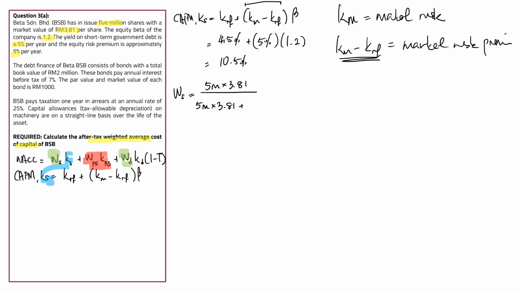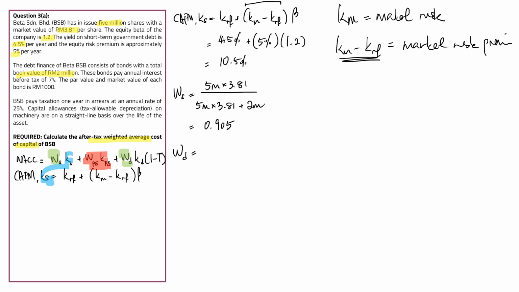This time we have to add the amount of debt we have. Over here it says book value of 2 million bonds. This is part of our debt finance. Par value, market value. Okay, let's just take the book value 2 million because we have no other figure to consider, plus 2 million. So the weightage of equity is 0.905.